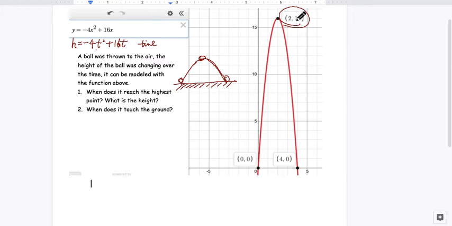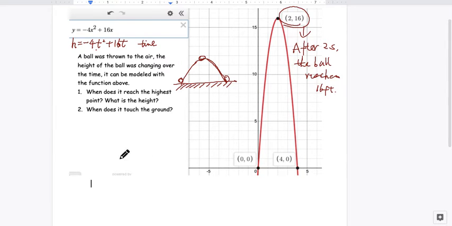So that means this coordinate, (2, 16), we can interpret as: after 2 seconds, the ball reaches 16, sorry for my handwriting. I don't know exactly the unit for this situation. We didn't put 16 feet. So that's one thing we can model.